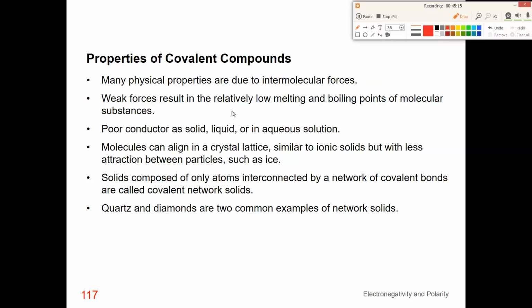Many physical properties of covalent compounds are due to these intermolecular forces, like for biological compounds, different properties like DNA interaction, DNA-RNA interaction. It's all intermolecular interactions, or solubility of DNA, RNA, or protein in water.